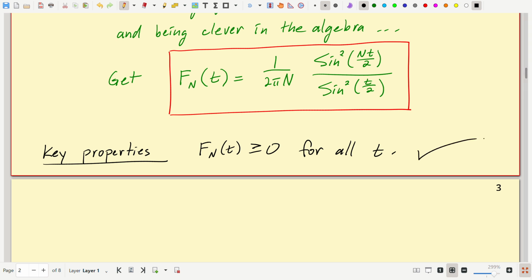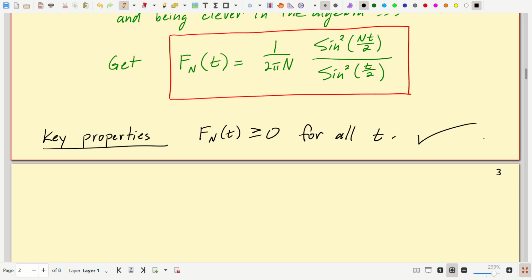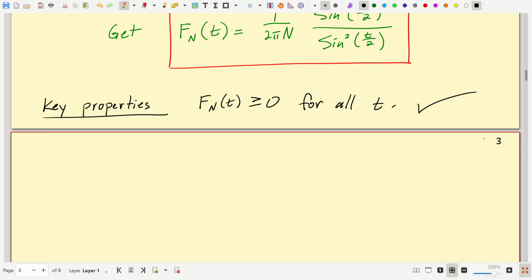You just look at the formula and see that that's true. We're going to have to define it at 0, but that's not hard. That's going to be L'Hopital's rule. So that's key property number 1. Key property number 2 is that the area underneath that graph of the Fejér kernel is always 1.